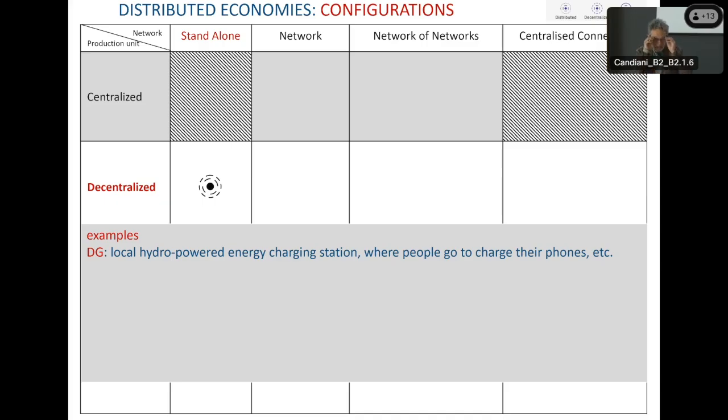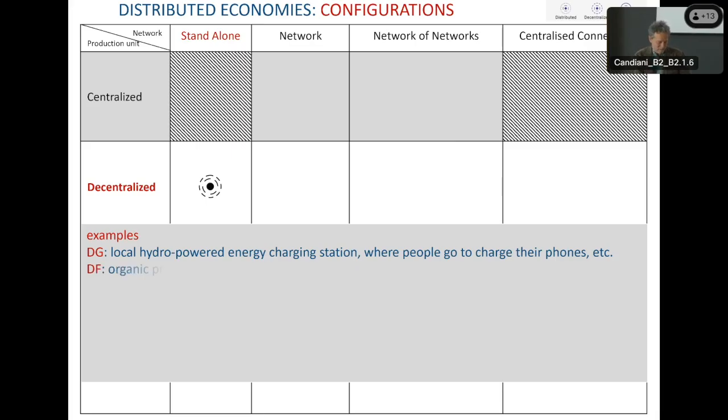But the provider of the energy has not built a network for distributing the energy. The people walk to the place and charge the phone. So we call it standalone.